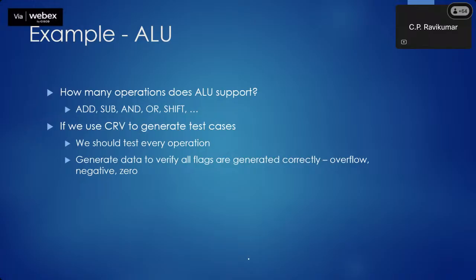So the ALU, as an example: there are many operations that the ALU may be capable of performing. If you are using constrained random verification, that should ensure that all the operations are done, and that the data we generate produces all the flags.